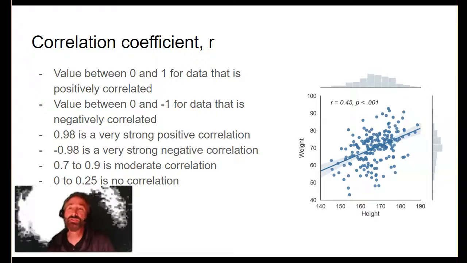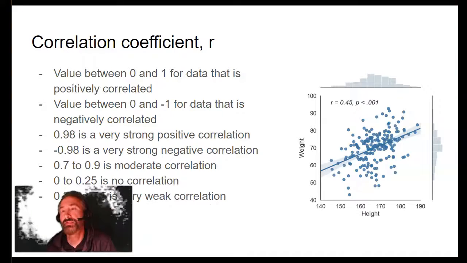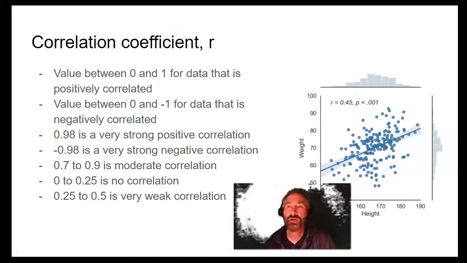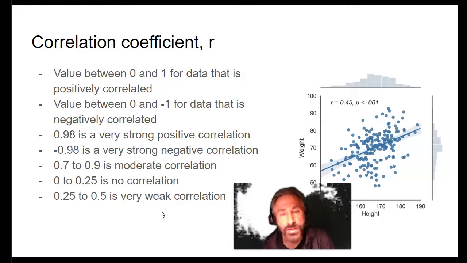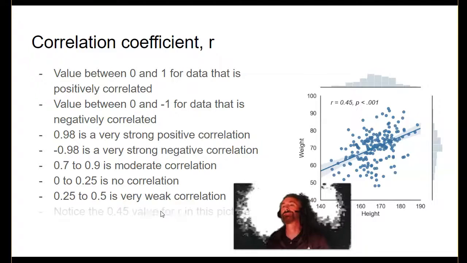Even in this case, when you look at this graph with an R of 0.45, it almost looks like no correlation to me. It's a pretty weak correlation, I would say. And in general, 0.25 to 0.5 is a pretty weak correlation. These are just rules of thumb. You will have to use your experience, critical thinking, and the context of the problem to really decide for a given situation.